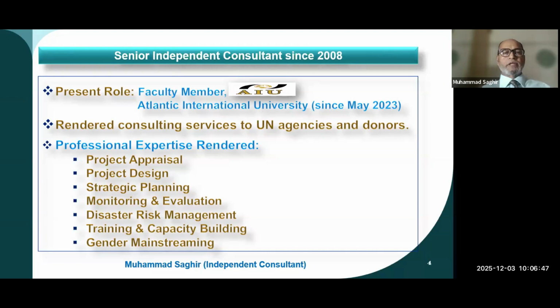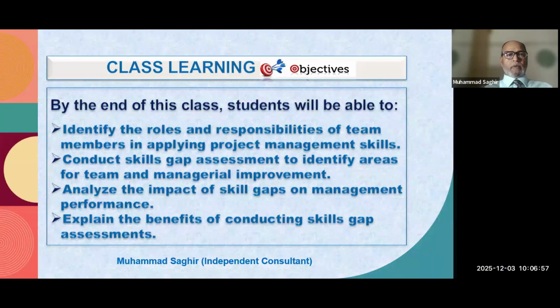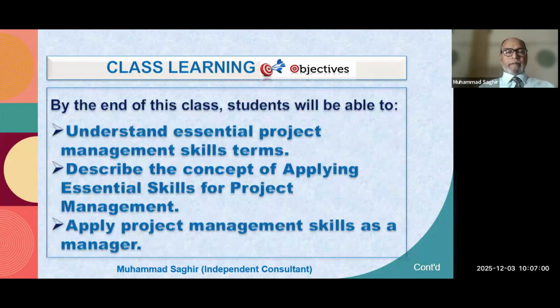As far as the learning objectives of today's class are concerned, by the end of this class, we are going to understand essential project management skills and terms, describe the concepts of applying essential skills for project management, and how to apply project management skills as a manager.